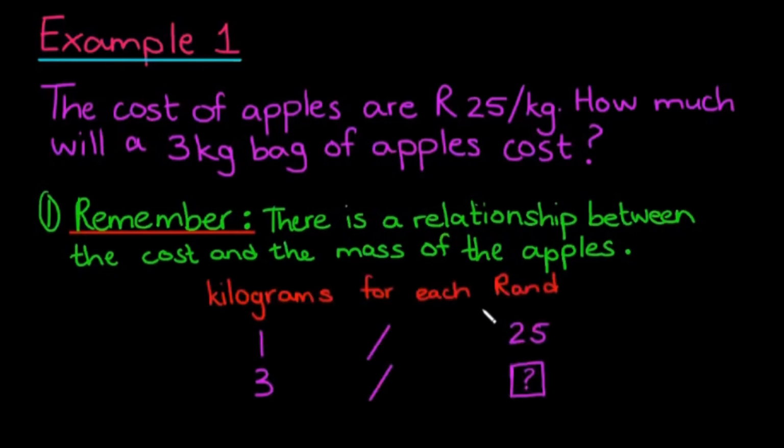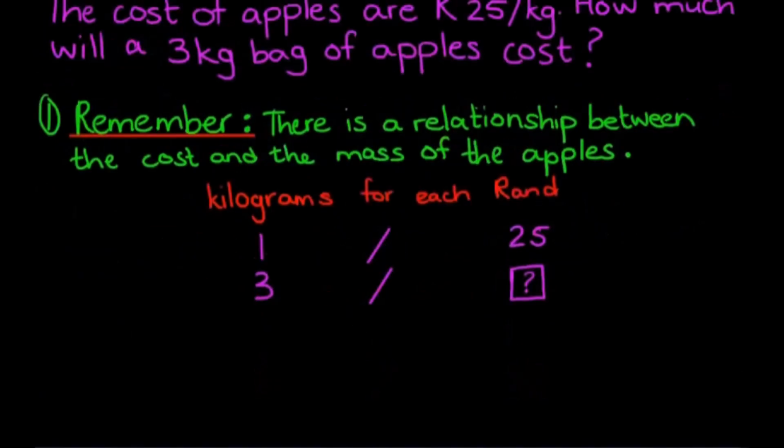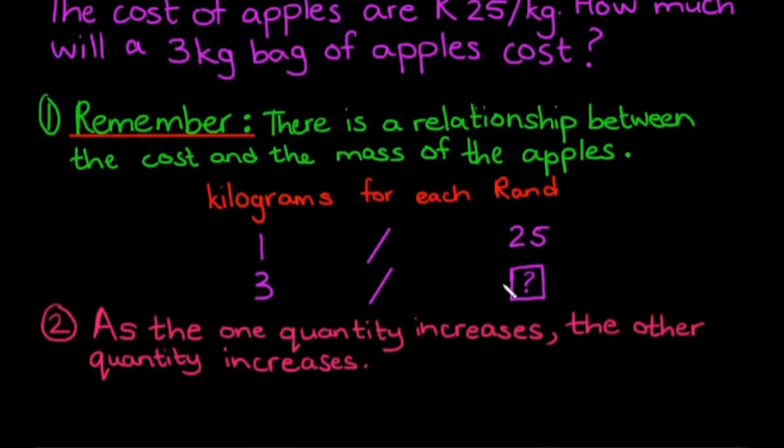So for every 1 kilogram, I have to pay 25 Rand. And we've now increased the kilograms to 3, which means that we need to increase the other quantity as well by 3.